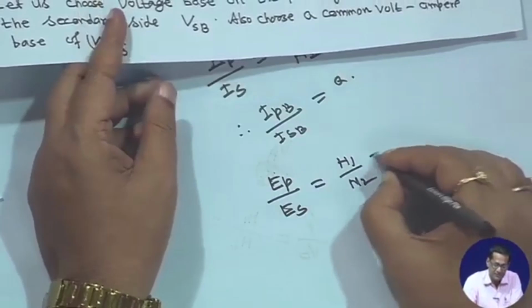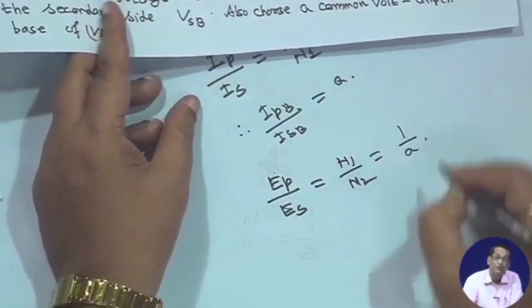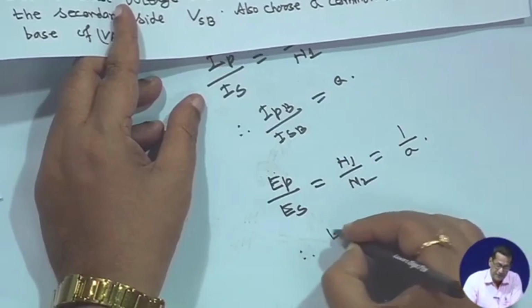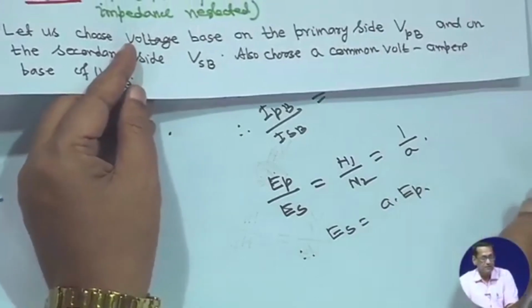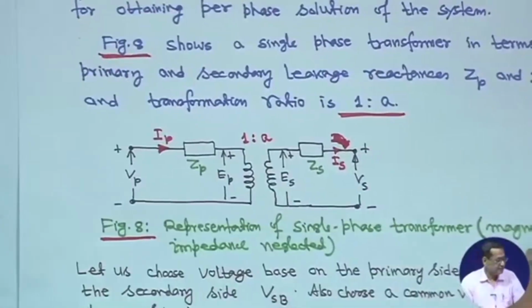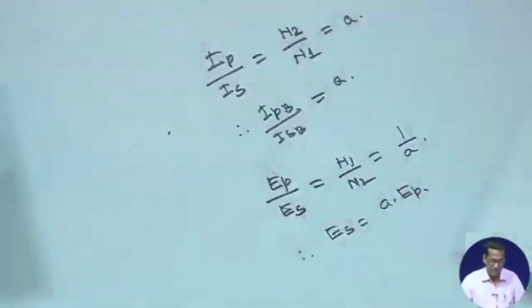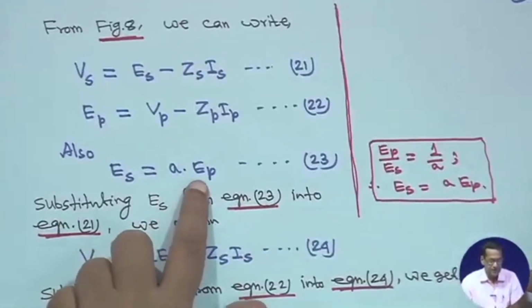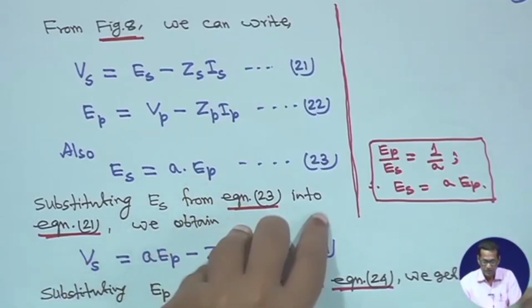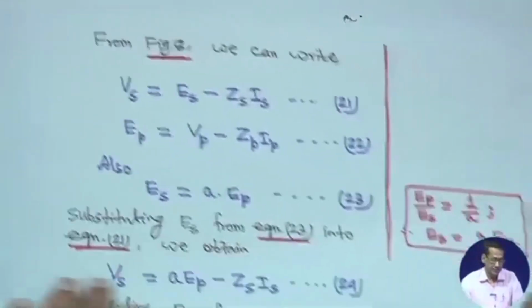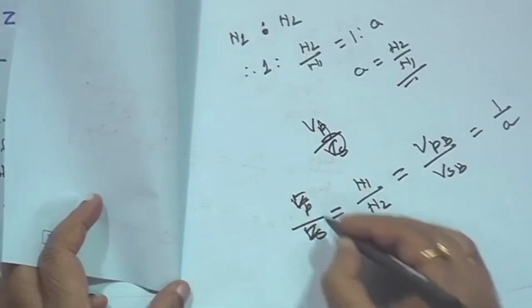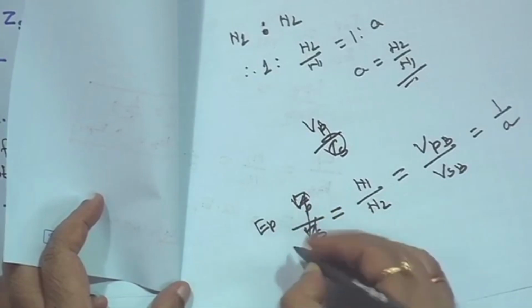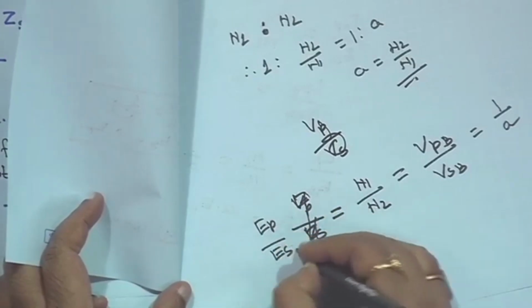That means this is actually equal to 1 upon A, so Es is equal to A into Ep. Just now I showed that Es is equal to A into Ep. Just one correction here: it should actually have been Ep upon Es. I did not look at the figure, it is Ep upon Es.